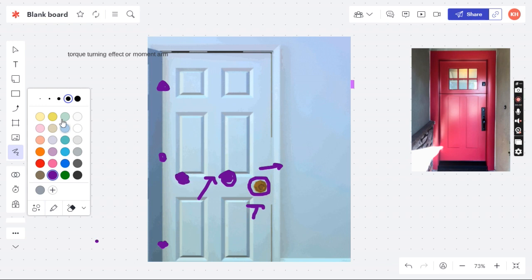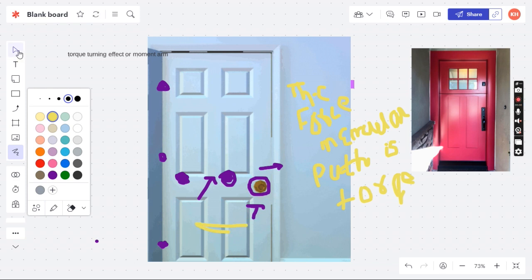Which means it's appropriate to say that the force in a circular path is known as torque. It's easy, right?